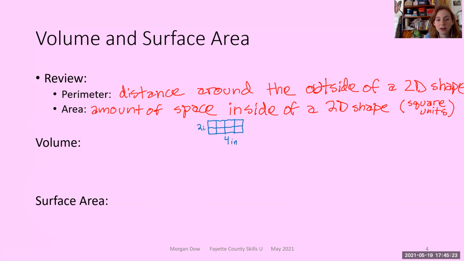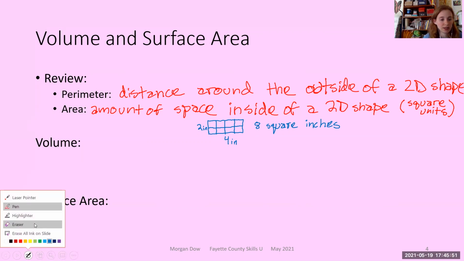On the inside of my rectangle, I have 8 square inches, right? I have filled my rectangle with little squares that are each an inch on all sides. So there are 8 square inches. So when we talk about these square units, we are literally talking about little squares that we're filling the shape up with.